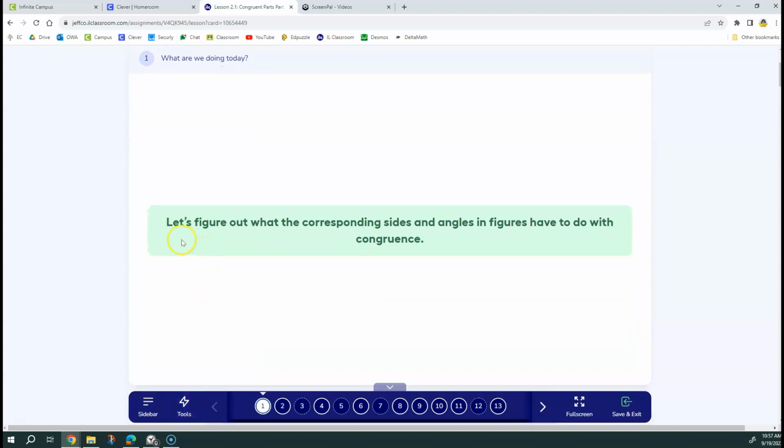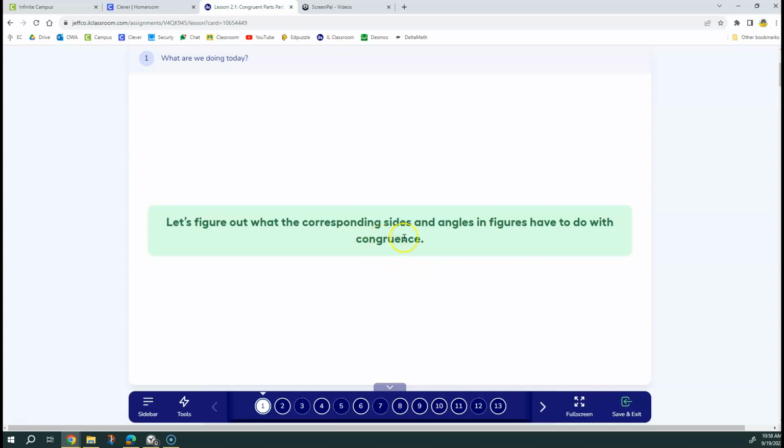To get started today, let's look at our objective of the lesson. Today we're going to work on figuring out what the corresponding sides and angles in figures have to do with congruence. If you're not certain what corresponding means, you might want to pause the video and look that up.